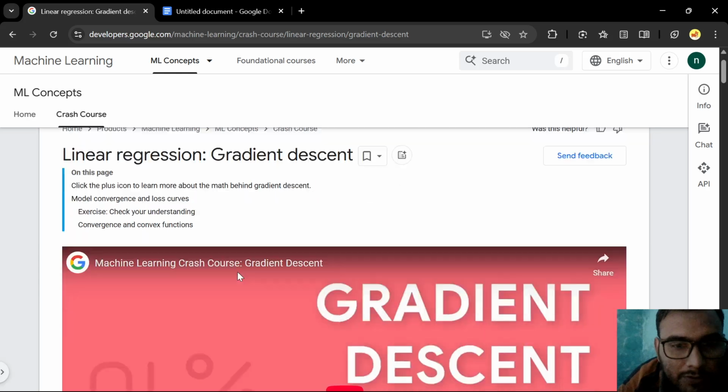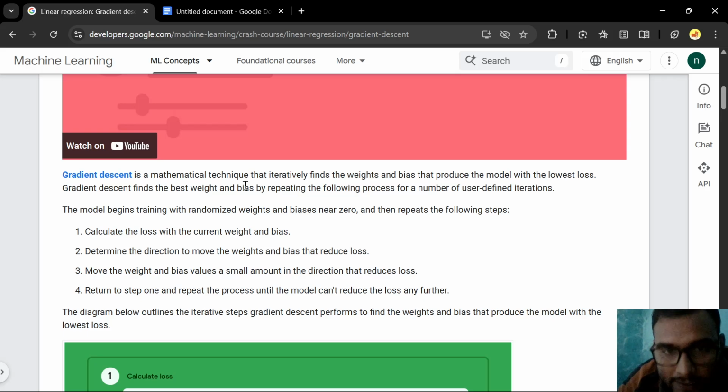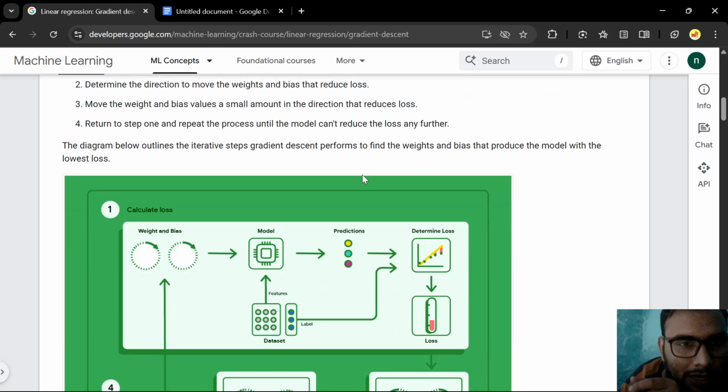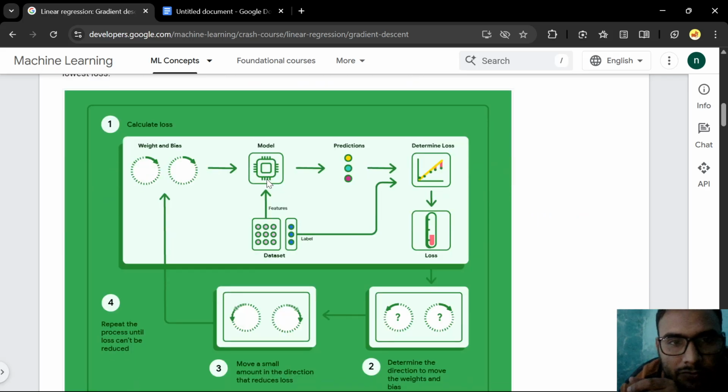First, gradient descent is a technique that iteratively finds the weight and bias that produce the model with the lowest loss. So our goal is producing a value of weight and bias that produces the lowest amount of loss. It selects a random weight and bias in this model.